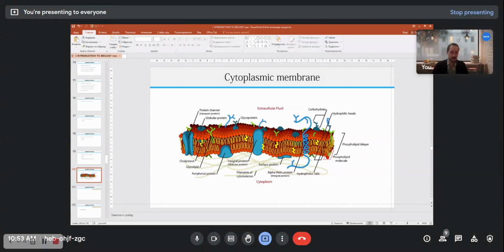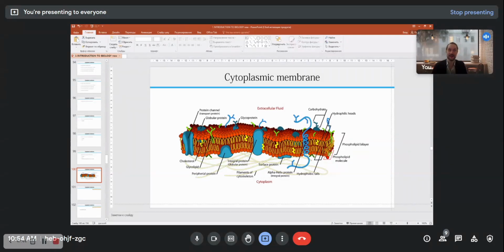Without proteins, the plasma membrane would not be able to perform its functions. Without carbohydrates, a lot of critically important functions of the plasma membrane would also not be possible. So the integrity of all components is necessary for the plasma membrane to perform all its functions.